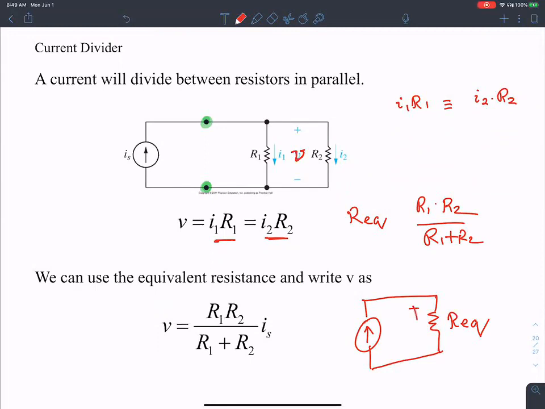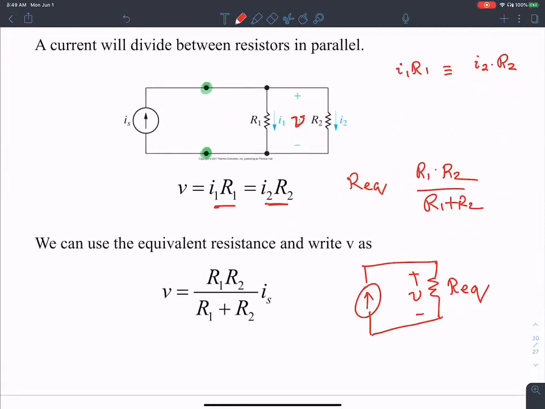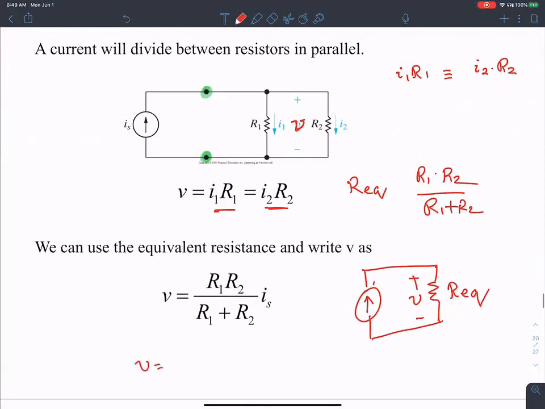So if there is a current flowing like so, with an R equivalent here, what is the voltage drop V over here? Well, the voltage drop V should be equal to the total current Is times the R equivalent. So that is Is times R1 times R2 over R1 plus R2.